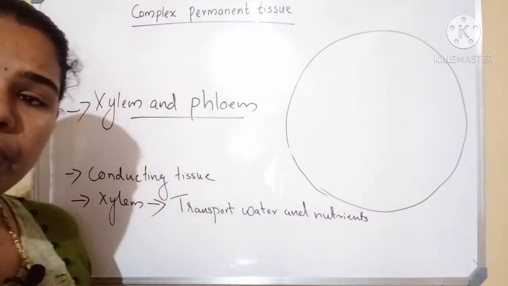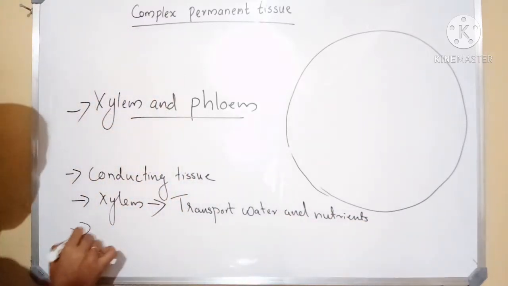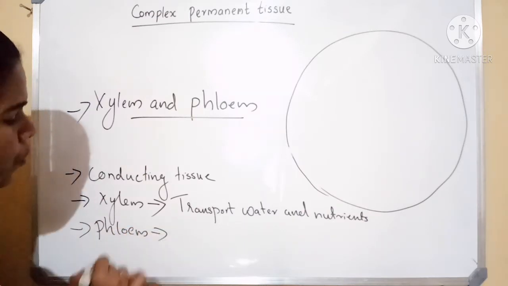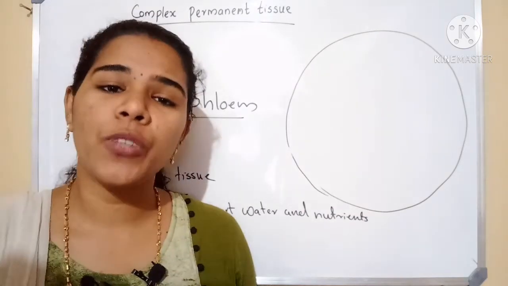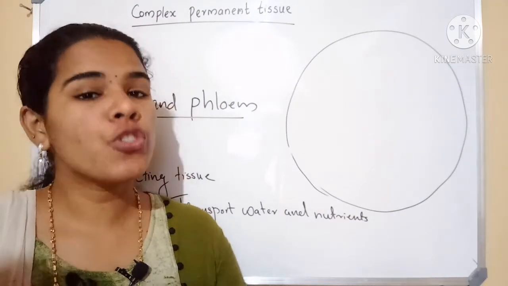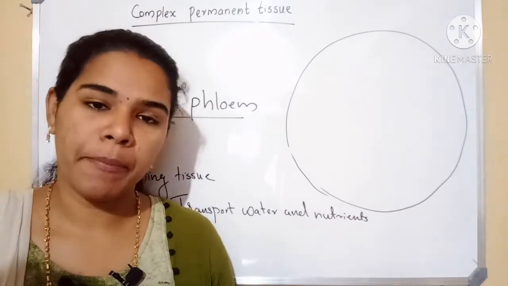And what is the function of phloem? Phloem helps to transport the food prepared in the leaf to the different plant parts.